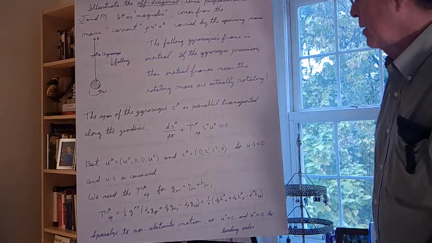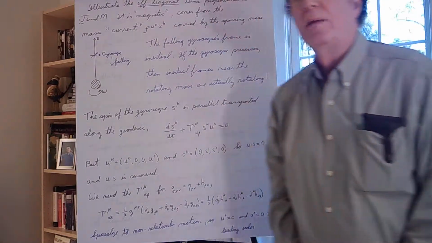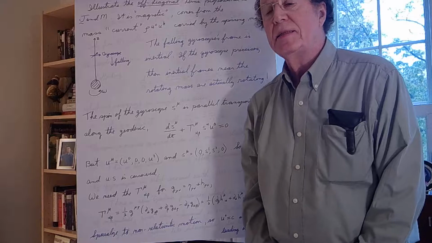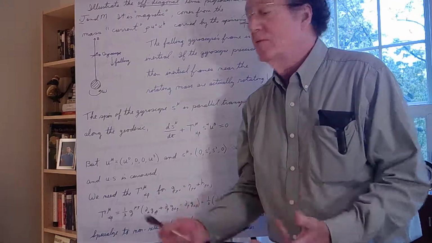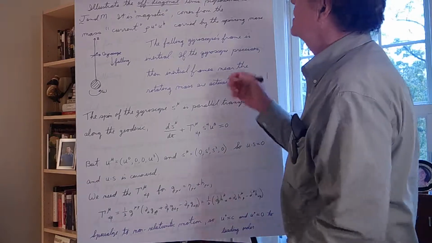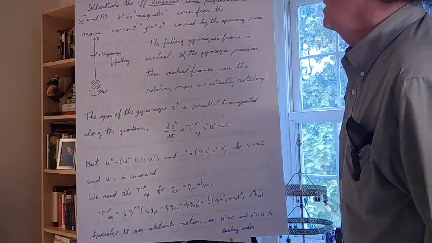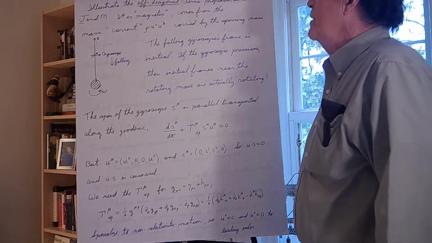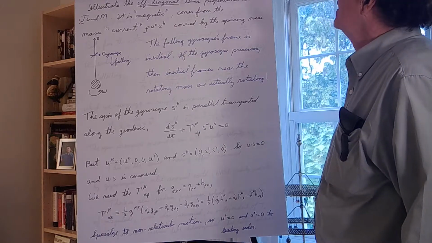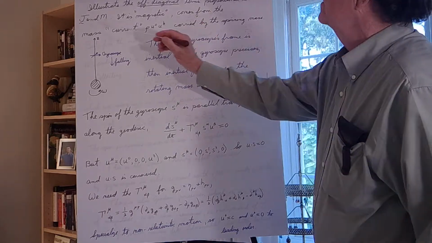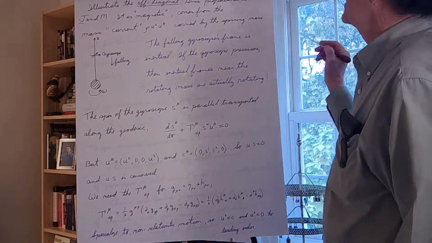So let's see what it does. It mixes time and space. It represents rotation. Let's see what rotational effects it has, and the simplest effect to look for is a kind of magnetic moment, the analog of a magnetic moment precession in a magnetic field. The off-diagonal term is proportional to J and M. It is magnetic, comes from the current carried by the spinning mass.